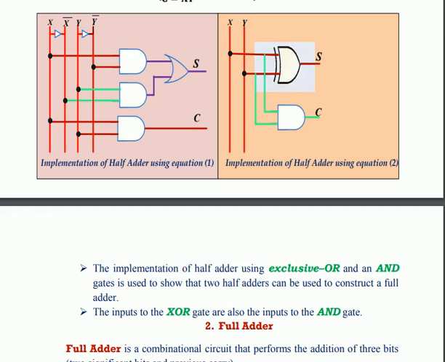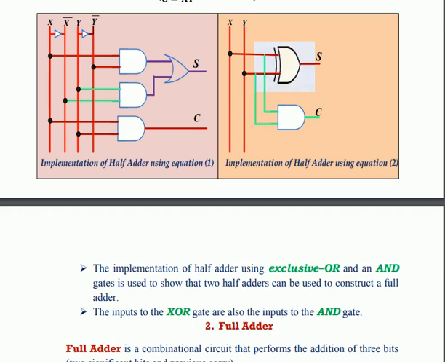For the sum expression, we are using 2 AND gates and 1 OR gate, and for the carry expression we are using only 1 AND gate.